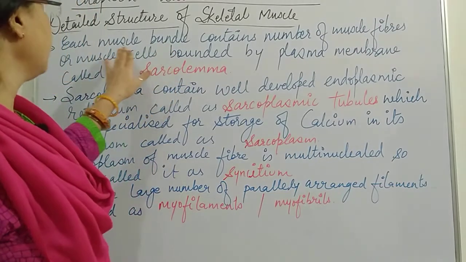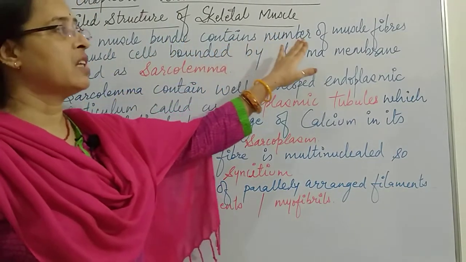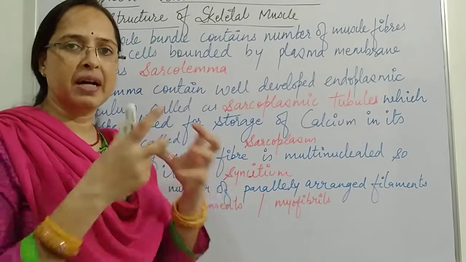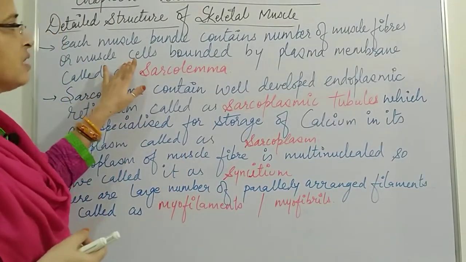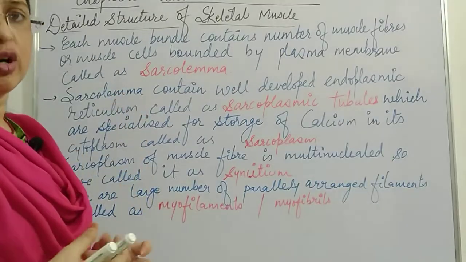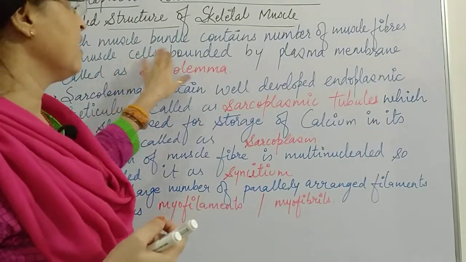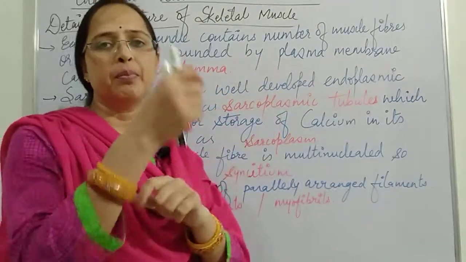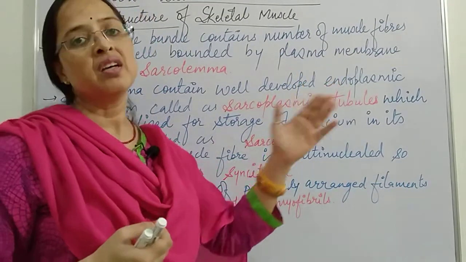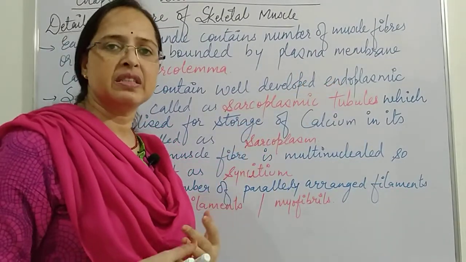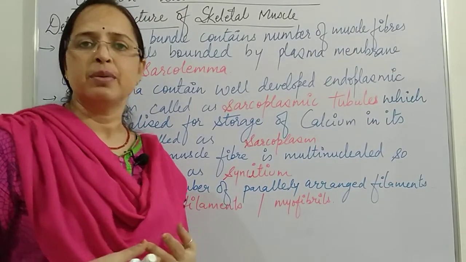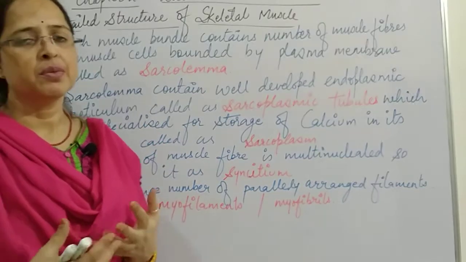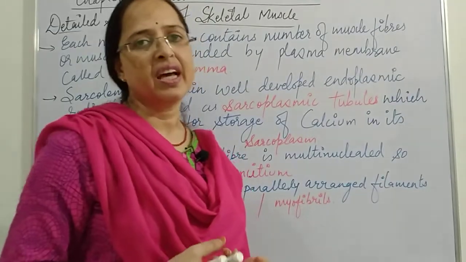The bundle is composed of many muscle fibers, and each muscle cell is bounded by a membrane, the plasma membrane, because these muscles are present in animals. In an animal cell, the outermost covering is the plasma membrane, the bounding layer of the animal cell.